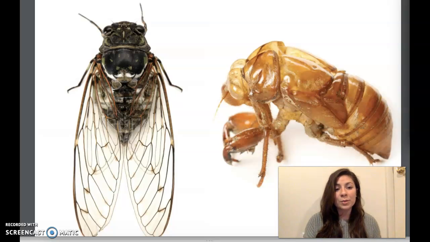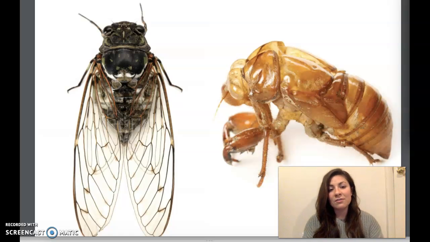Cicadas undergo incomplete metamorphosis, so there's no pupal stage. The nymphs remain hidden beneath the ground, continuing to shed their exoskeletons. Once they are fully grown, they make their way to the surface again, shed their skin one last time, and emerge as winged adults. For some reason, all of the cicadas in an area emerge at once, either every 13 years or every 17 years.